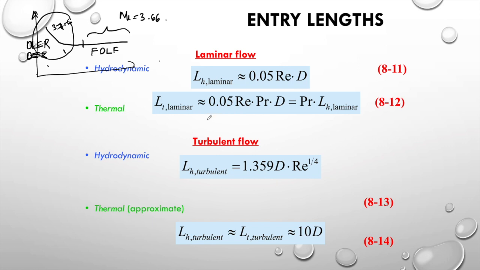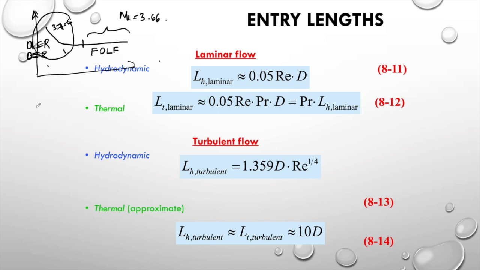Your total length of the pipe falls under the entry length of your laminar flow. Therefore, you have to use the equation under the developing laminar entrance region.